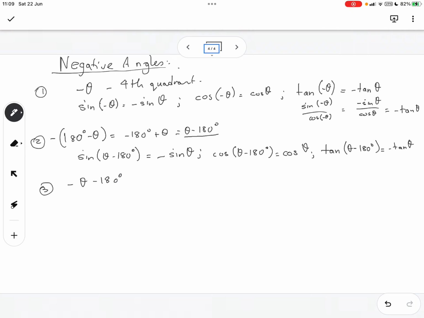Sorry, theta minus 180 is not fourth quadrant. It's actually a third quadrant. That is because if we have our axis like this and theta, then we take theta and subtract 180 degrees, we're going to land somewhere there.